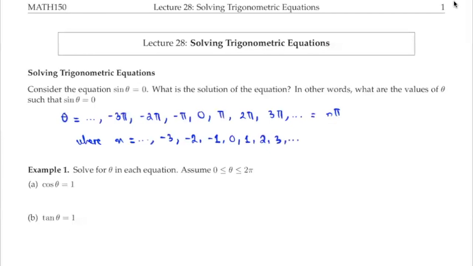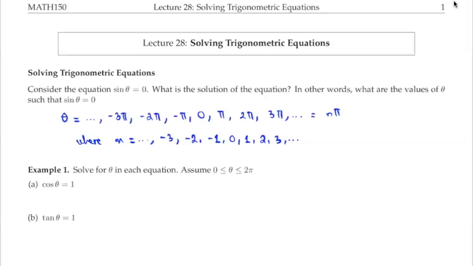So that's one way to look at the problem. As you can see, there are infinitely many solutions because we didn't restrict the domain of sine of theta at all. The property of sine of theta is that the domain is from negative infinity to positive infinity. That was lecture 26. For lecture 27, we had to restrict the domain of sine of theta so that that part of the sine function is one-to-one, so that you can find the inverse of sine.